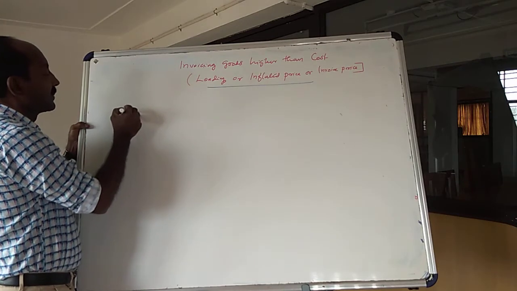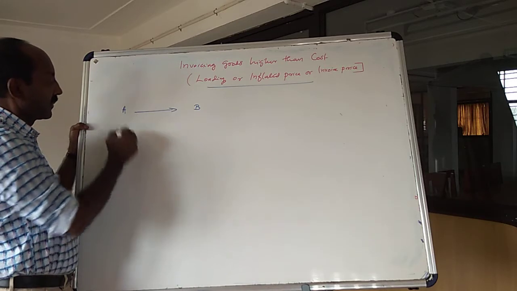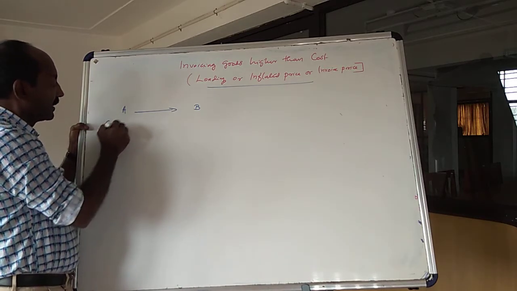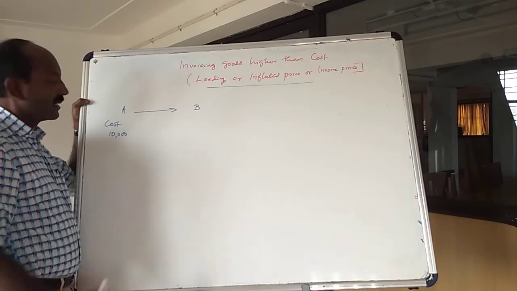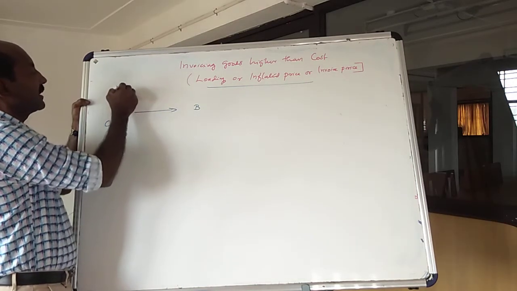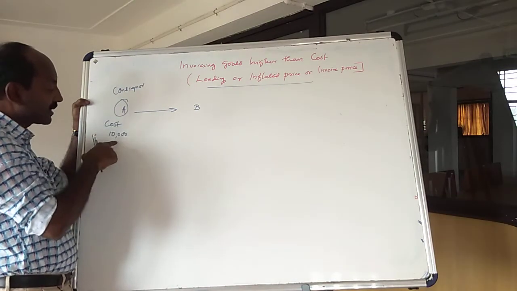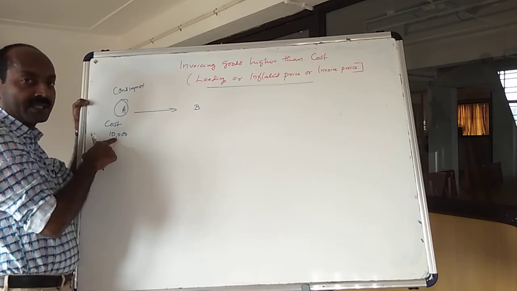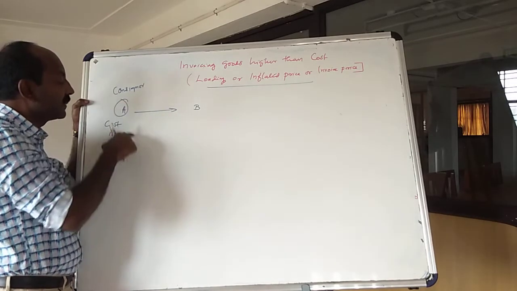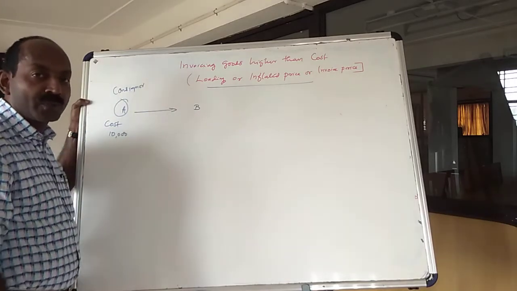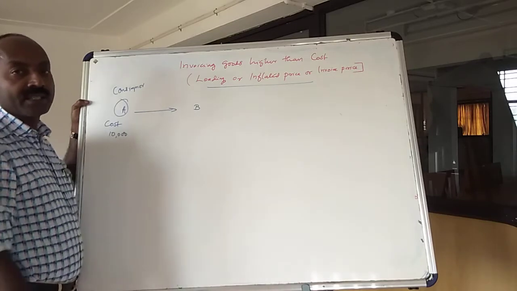For example, consignor A consigns goods to B. The goods cost 10,000 rupees. In the pro forma invoice, which we have studied, the consignor sends an invoice showing the quantity and price of the goods consigned.